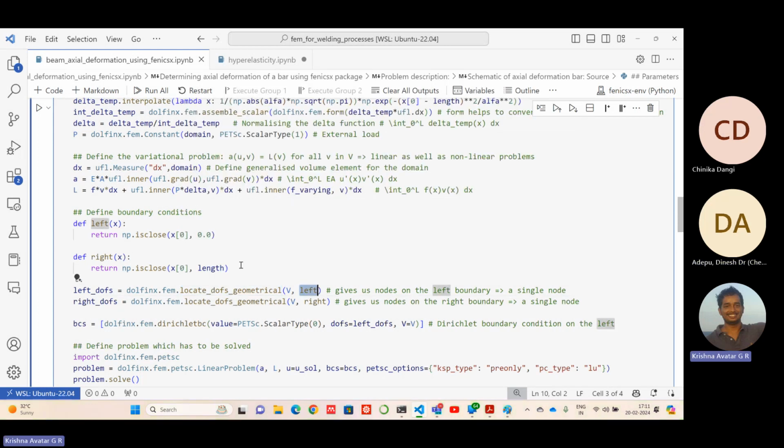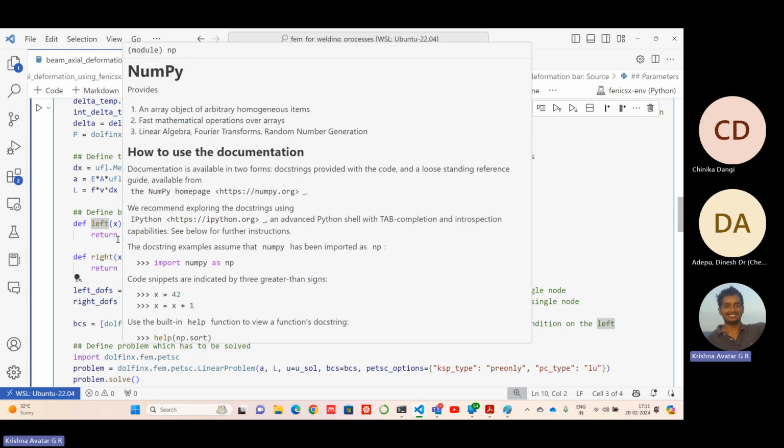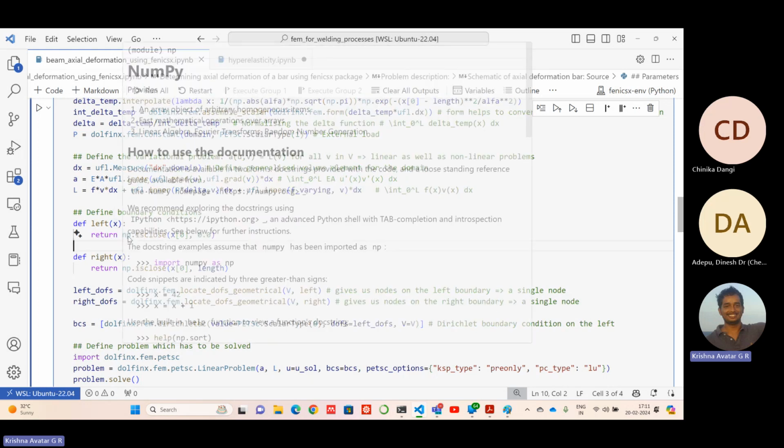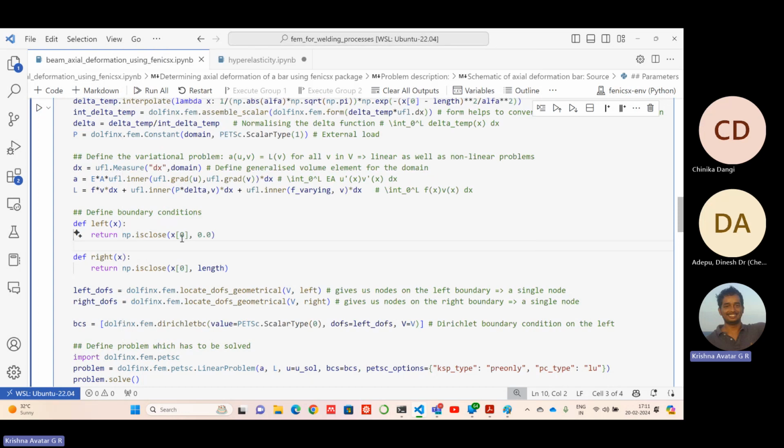Left is a marker function, which means that it will take all the nodal values and return a binary array telling us which node is at the leftmost. You see, we are using np.isclose. So which node is closest to 0?